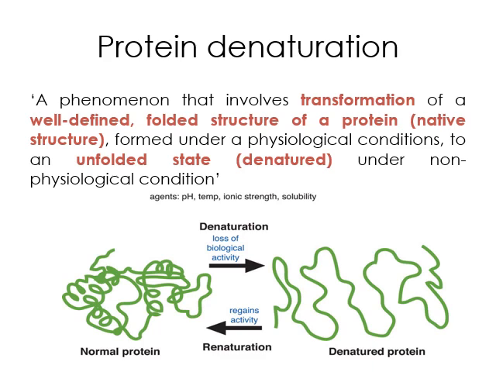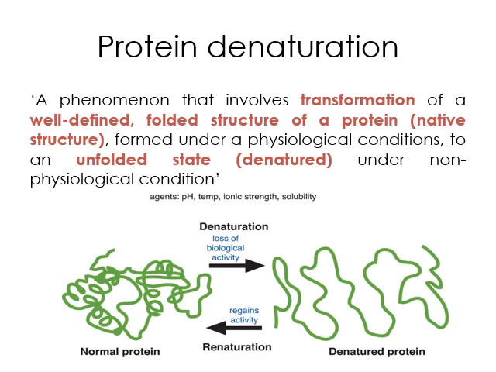So the unfolding of the protein, we call this protein denaturation, or in a more exact definition, it's a phenomenon that involves transformation of a well-defined folded structure of a protein, which we call the protein in its native state, that is formed under a physiological condition, to an unfolded state, or the denatured state, under non-physiological condition.